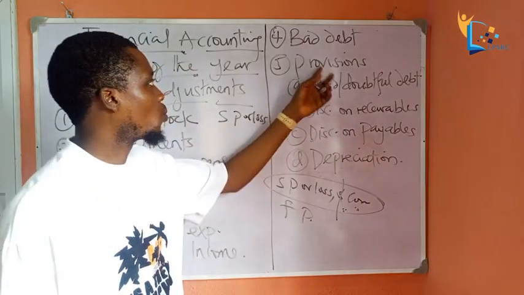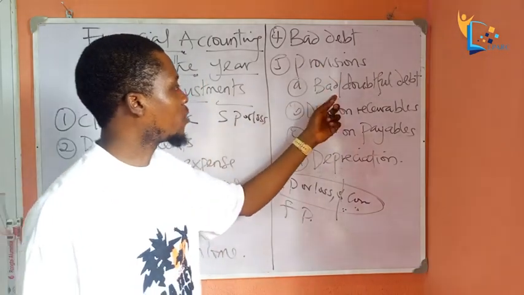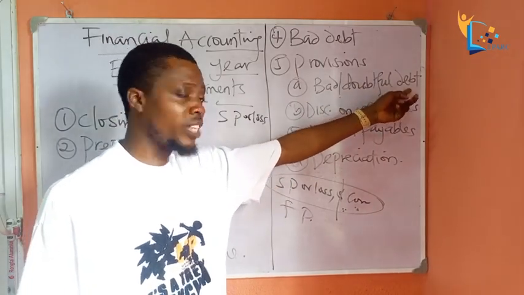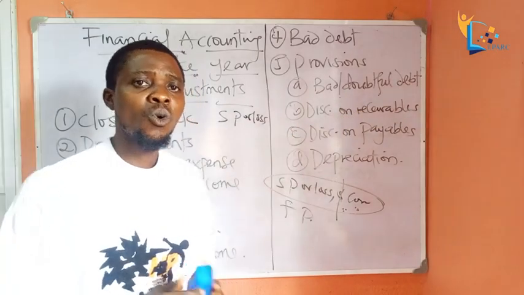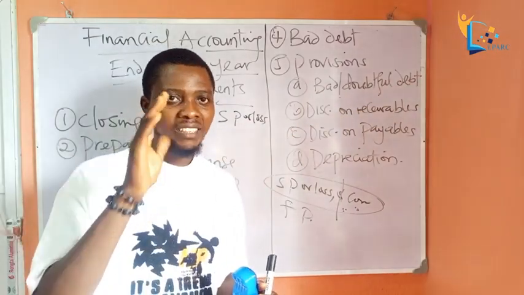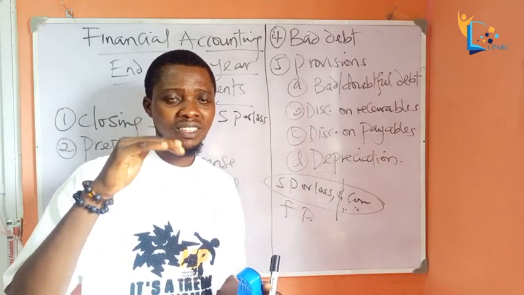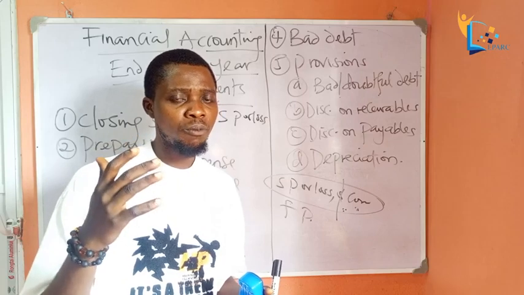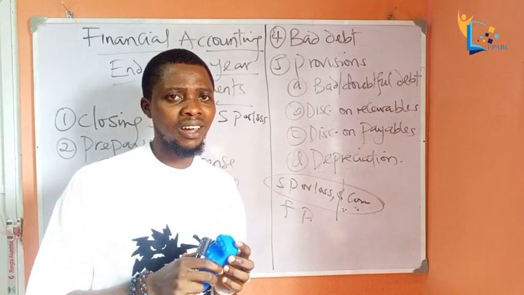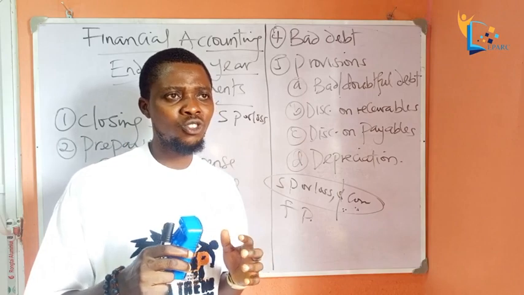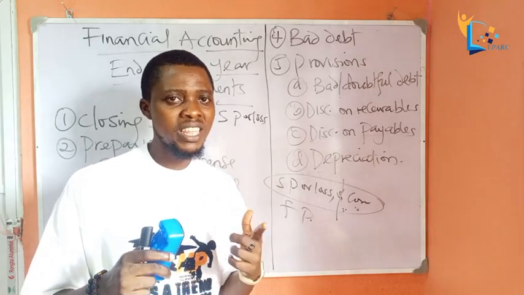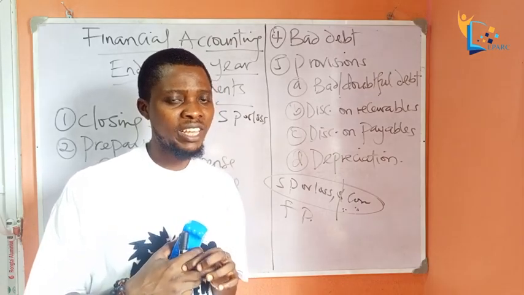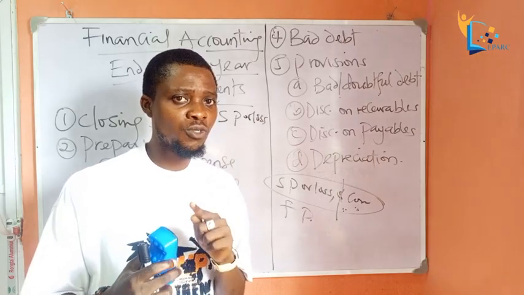Okay. Now we have provisions for bad debt and doubtful debt. Now, when you notice that a certain customer is likely not to pay you, maybe because with the way things are going, he might not give you your full money, or he might not pay you at all, you make provisions for it.